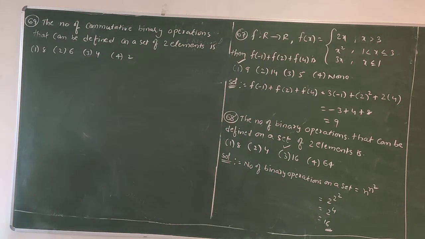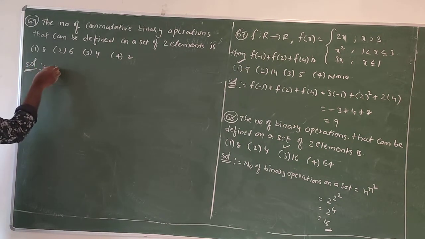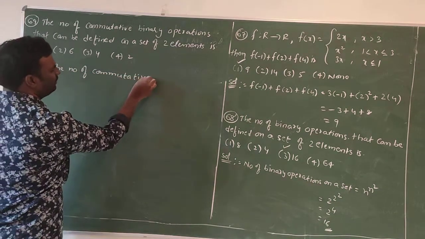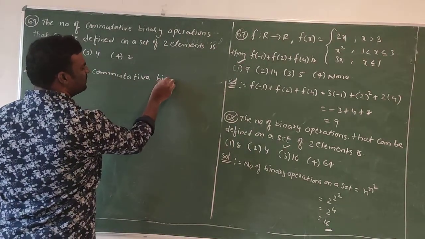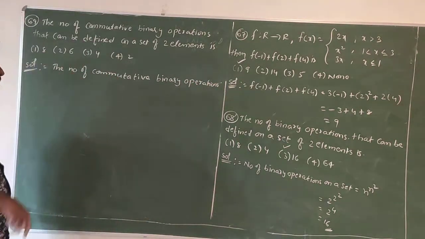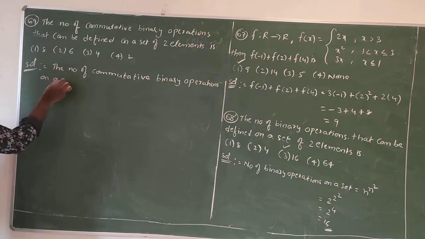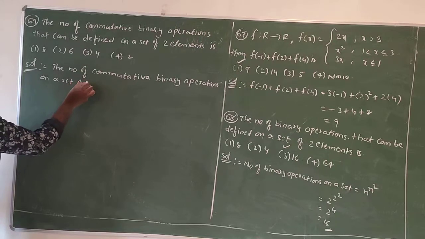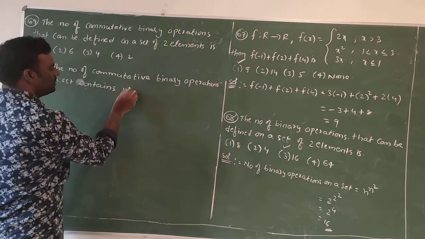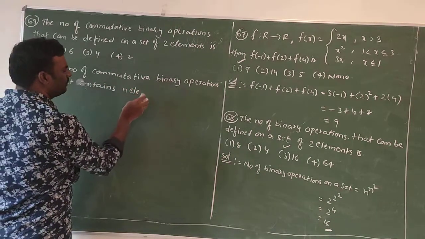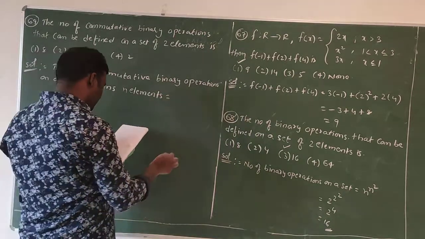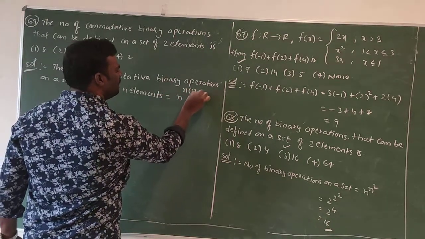Okay, listen, the number of commutative binary operations on a set A, where the set contains n elements, is equal to n power n into (n plus 1) by 2.